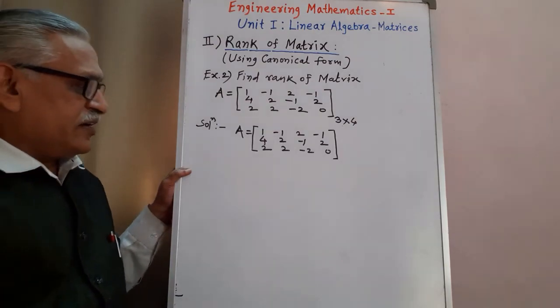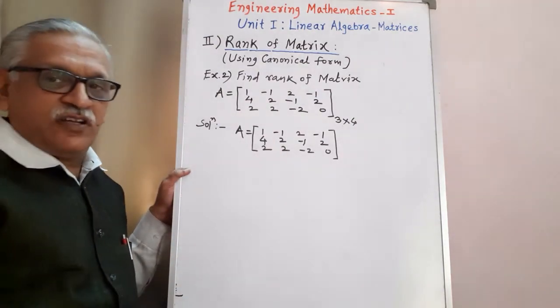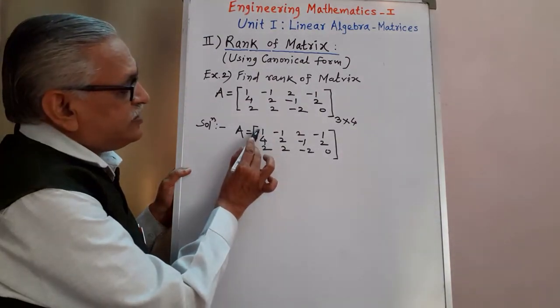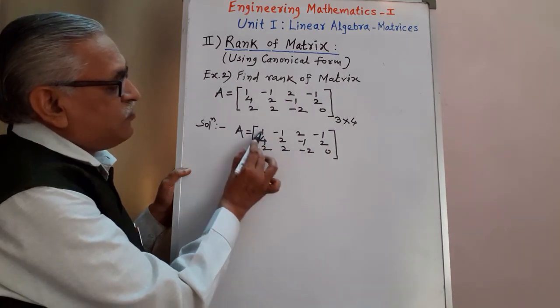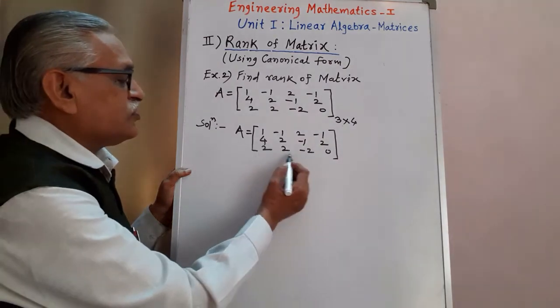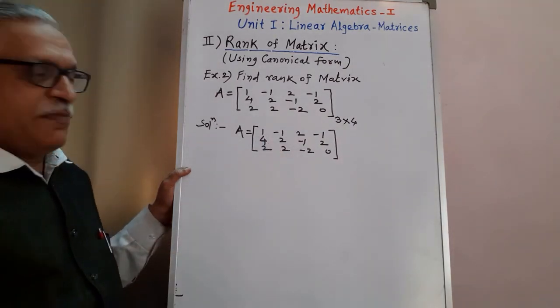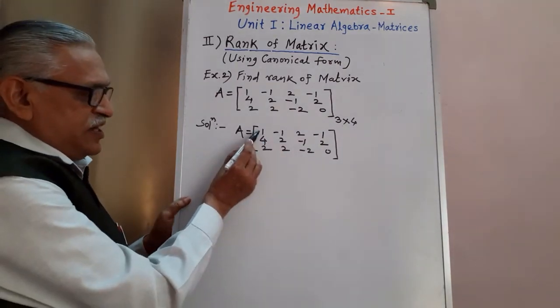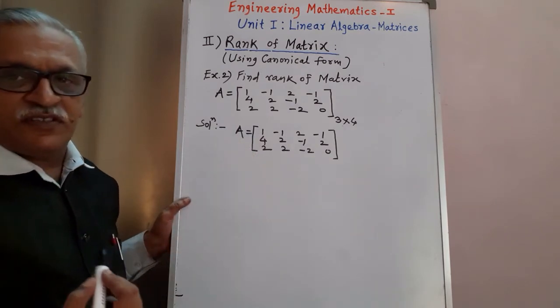Then we have to convert this matrix to its canonical form. Means we have to convert these principal diagonal elements 1, 2 and minus 2 as non-zero and lowest to 0 by applying elementary row transformation. Therefore, here leftmost element is 1, which is non-zero.